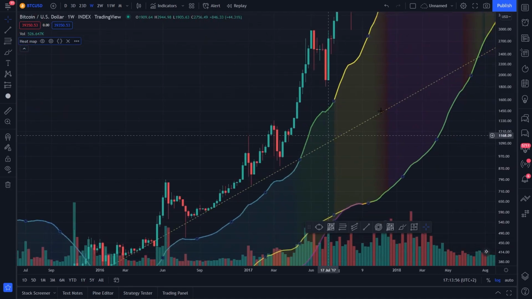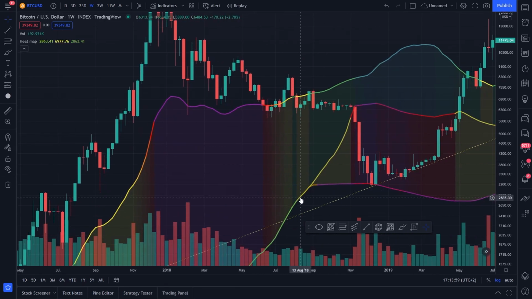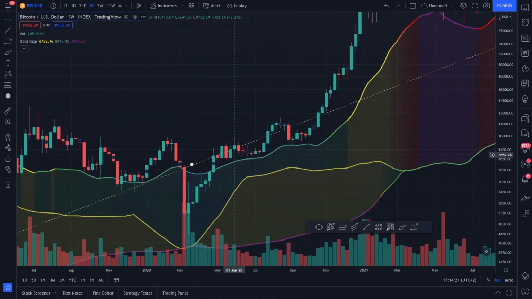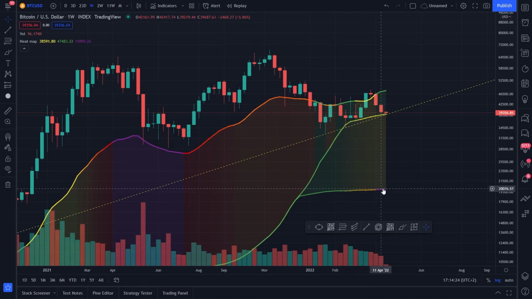In 2018, it was the same thing. We have a separation of the line and the line started going purple, okay, way before the bottom. And this was a strong warning sign that the bottom would be retested. And of course, if I'm telling you this now, it's because this is starting to turn purple, as you can see.